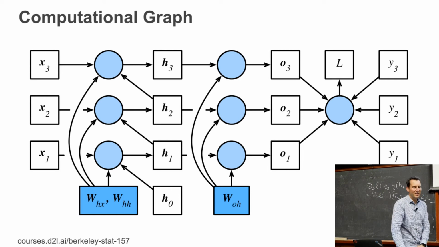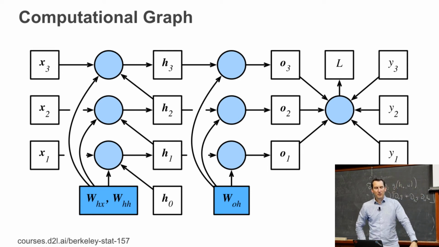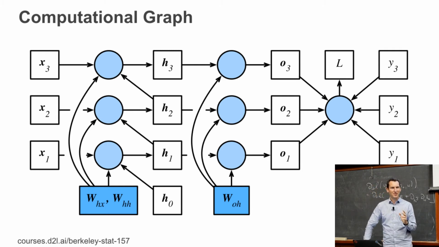Yes? Is the number of hidden states like a hyperparameter? Is there a reason why you would pick more or fewer hidden states? Okay, so let me be more specific here. With hidden states, I mean 1 state per observation. Now, what you're probably thinking of is hidden units. Hidden units are essentially the dimensionality of H, right?